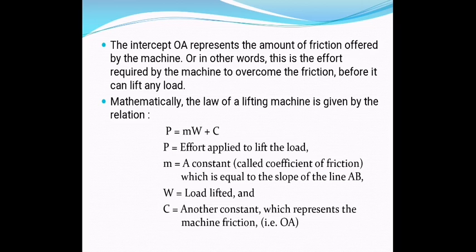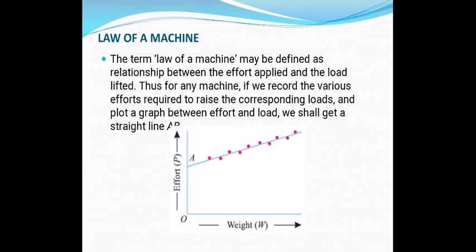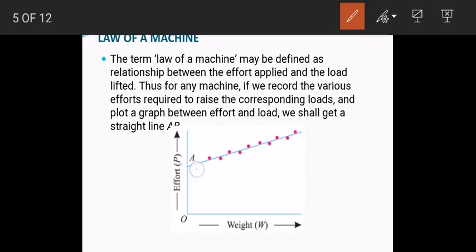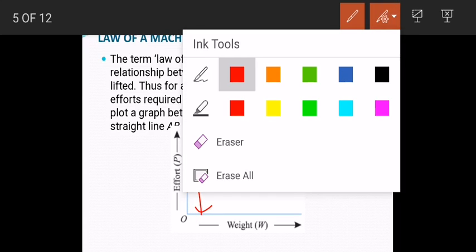Here W is the load lifted and C is another constant which represents the machine friction. So P and W you already know, effort and load. M is the slope of this line, and C is the constant friction required, represented by C.